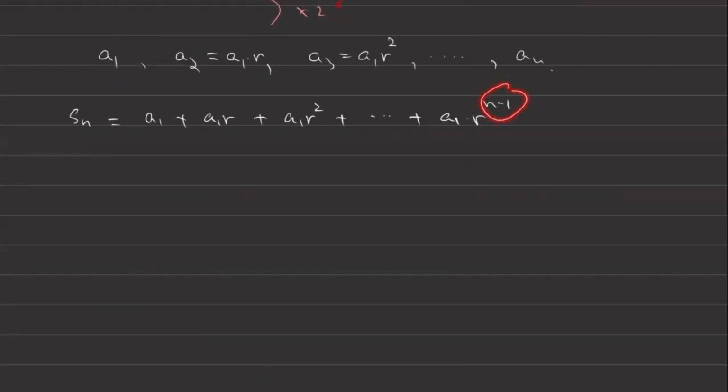Now, people might get confused, why n minus 1? This is n minus 1 because we have a total of n numbers. And then we're counting the first guy, A1, technically speaking, as the first number.